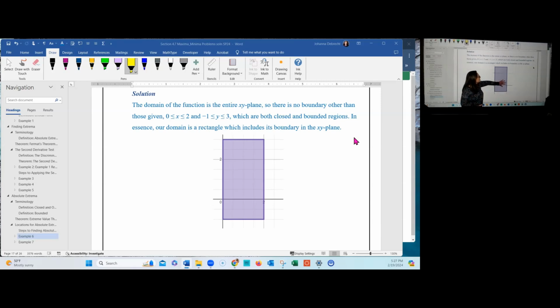I'm interested in finding the critical points of the interior, which I can find by applying the steps that we've done previously to the original function and making sure that they fall within this purple shaded area. Then I will have to parameterize each line segment separately, unfortunately, and find the critical points for each of those.